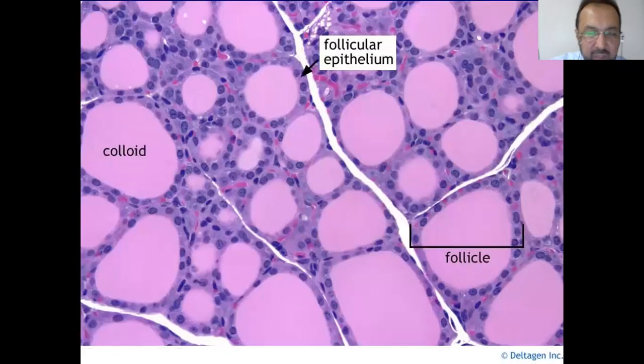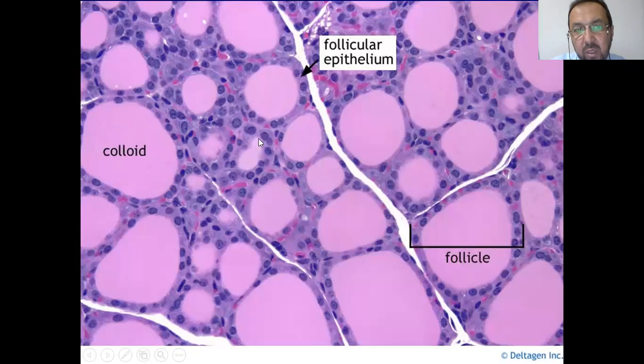Lastly, we have to have an idea about the microanatomy or the histology. As we have already said, the thyroid gland is formed of follicles. Each follicle is formed of follicular cells. In between, the thyroid output, the thyroid secretion is the colloid. The thyroid hormones are stored in the form of a colloid.